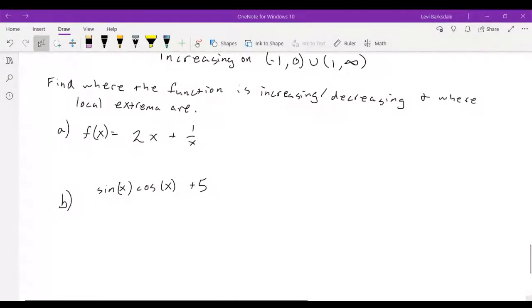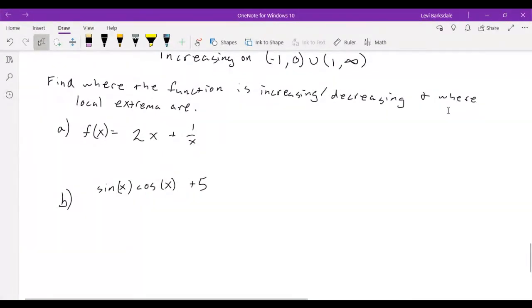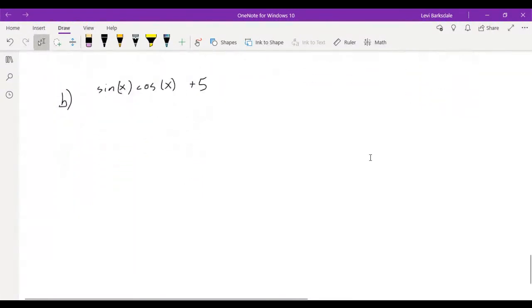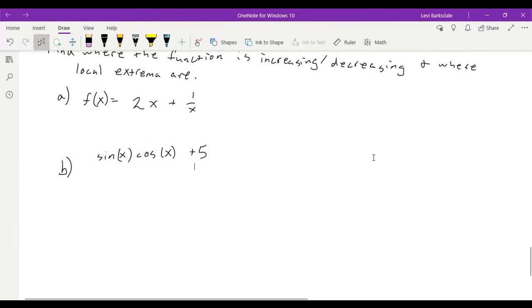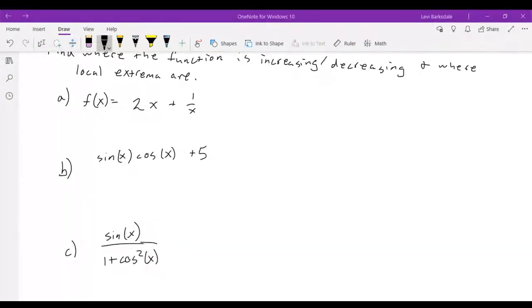Giving you trig as well, I know. And lastly, this one combines the two. Lucky you. Sine x over 1 plus cosine squared of x. Enjoy! All right, I'll give you a couple of minutes to try those out.